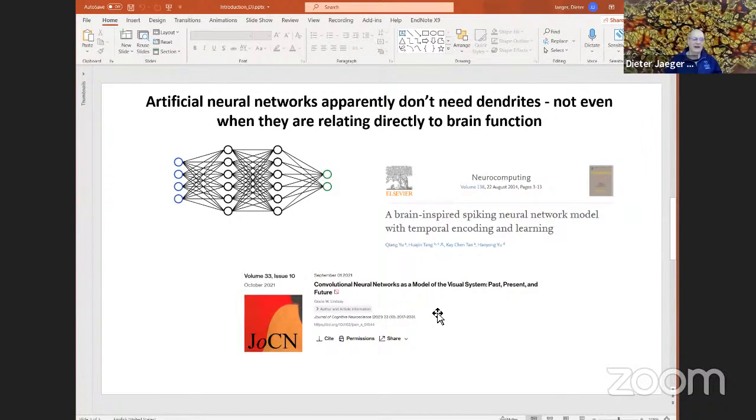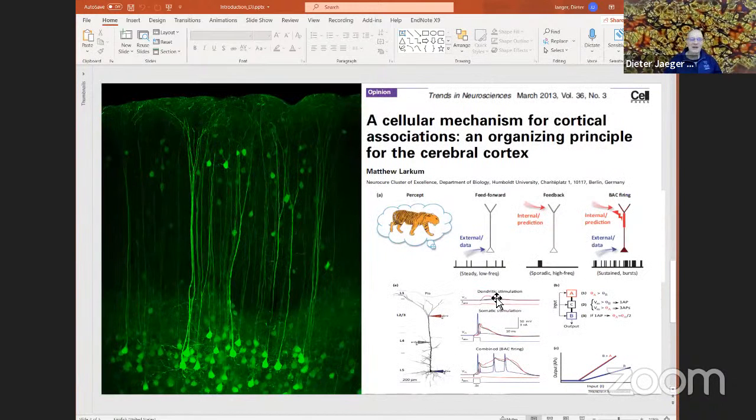But even in this overview article of how we map deep neural networks onto brain function, there's not a single mention of the word dendrite. So even when we apply neural networks to biological problems, we typically do not think about dendrites. So that is the question: why, and can this workshop be a part of a movement that says, wait a moment, maybe we can do better?